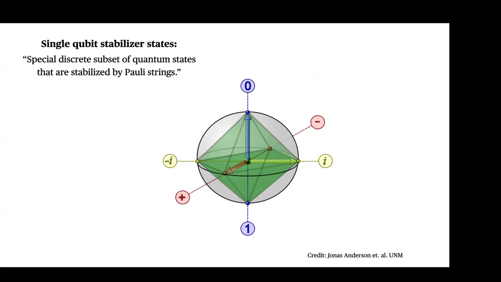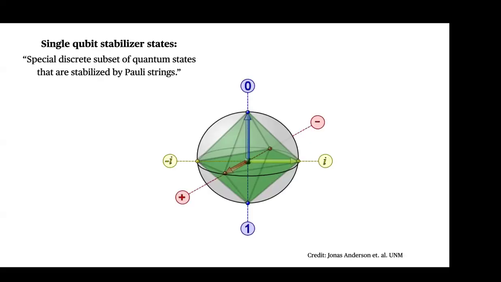So for example, 0 and 1 are stabilizer states. 0 is stabilized by Z, 1 is stabilized by minus Z, plus is stabilized by X, and minus is stabilized by minus X, and you can do all the math in your free time. So to see for the 1 or 2 qubit case, what the stabilizer states and stabilizer groups are, depends on which one you start first.